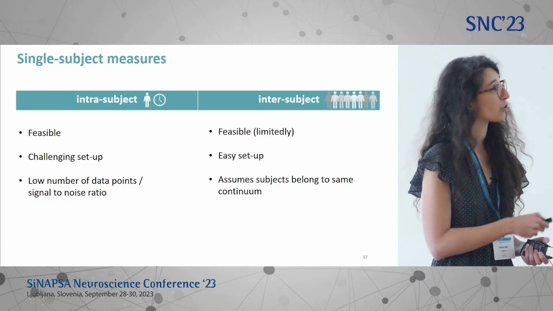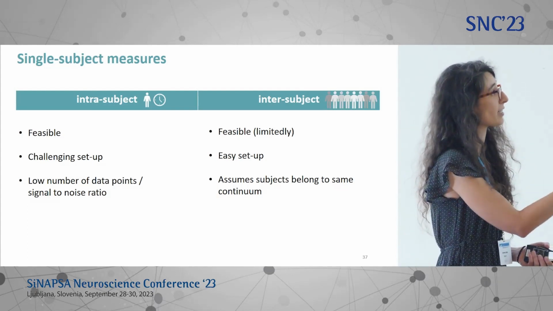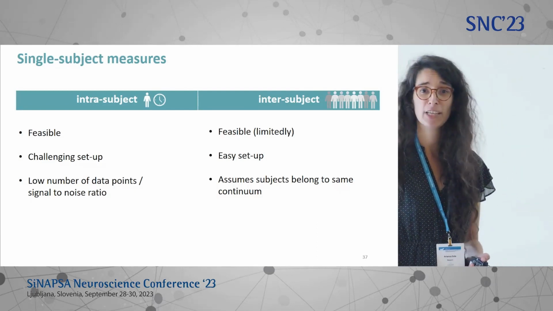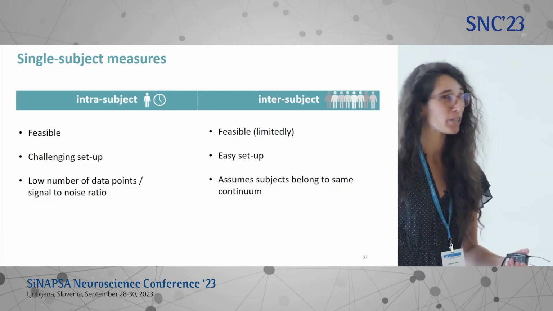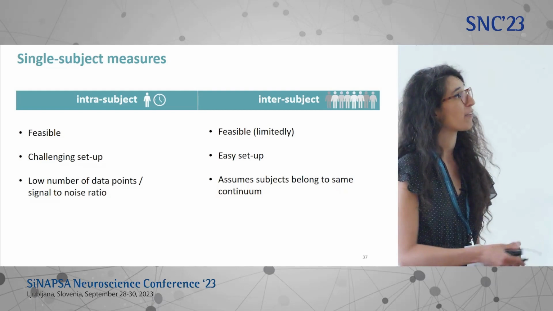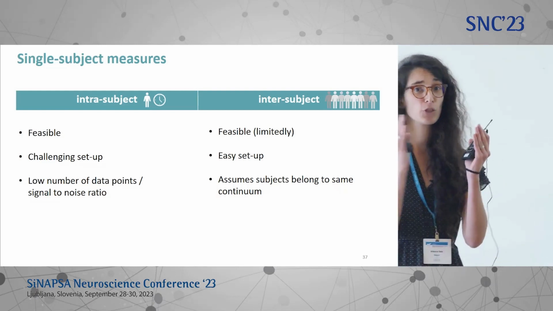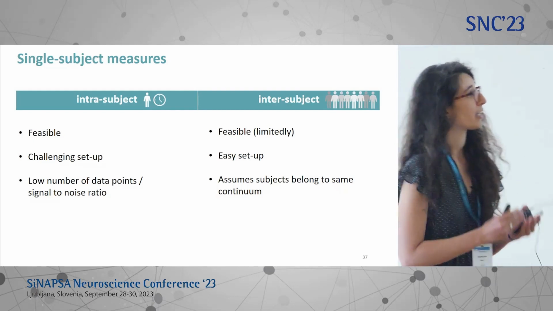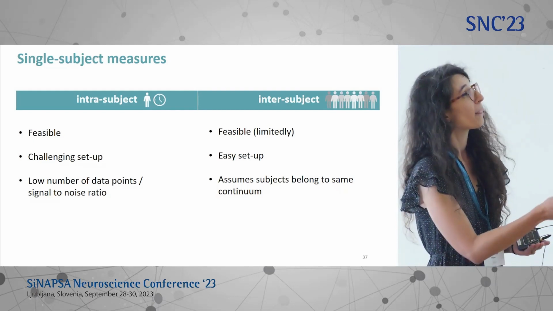Also, something I did not mention, but I think it's important to stress, is that in these methods, either you have a low number of data points, because you cannot scan your subject 10,000 times because of radiation, or if you use these more dynamic methods, you tend to have a low signal-to-noise ratio because your frames will be quite short, so you don't get a very nice image in such a short amount of time.